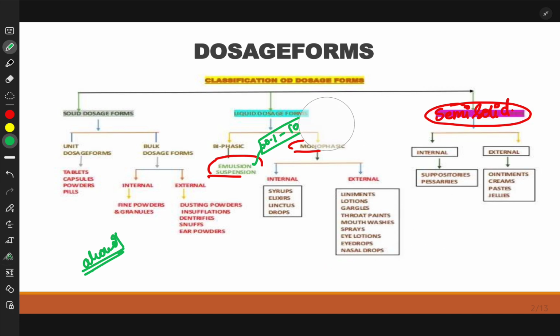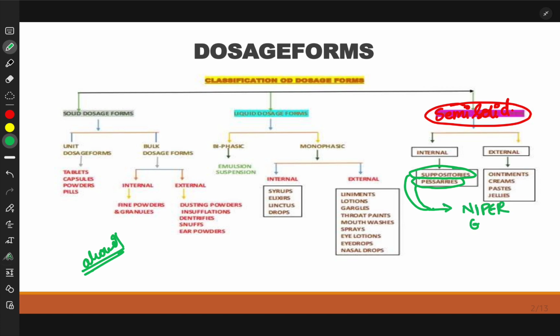Next, semi-solid preparations. Here there are two areas with more chances of appearing in NIPER or GPAT: suppositories and pessaries. Pessaries are not that important. Suppositories are one of the most important areas, with high chances.